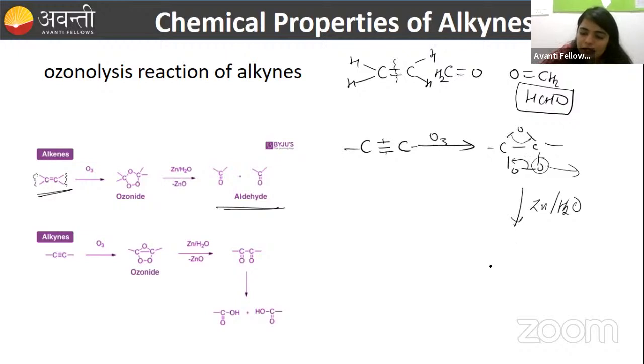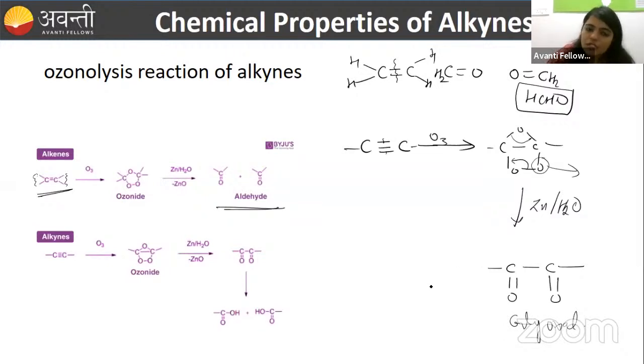You will get C, single bond C, O, and here this bond is broken but a double bond forms. So here oxygen will attach with a double bond. So this kind of glyoxal you will get. Okay, it is called glyoxal.